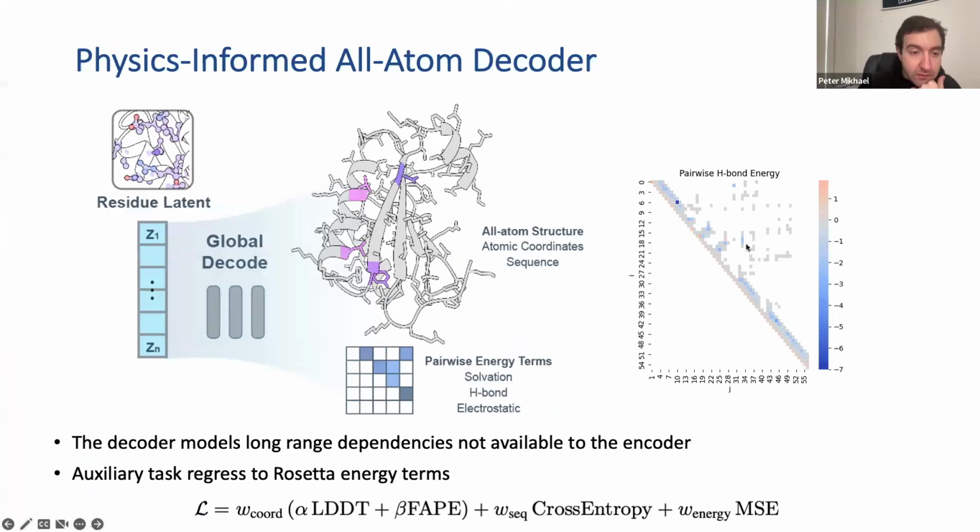Just to understand again, you're going from the residue level embedding to getting atom level structure. When you evaluate just alpha carbon structure, do you also need additional terms for that to be good?